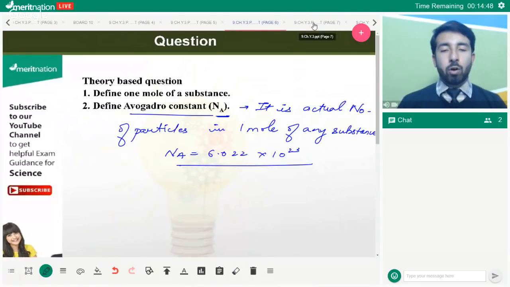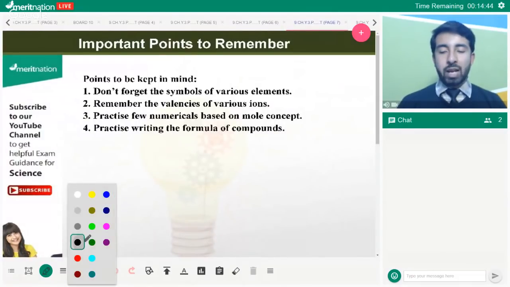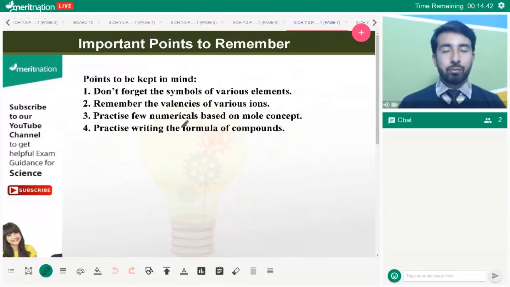Now moving on to the important points which you should never forget while preparing this chapter. Let's quickly recap. Don't forget the symbols of various elements, like oxygen is represented by O, sulfur by S, phosphorus by P, whereas potassium is represented by K. Very good, Sona.